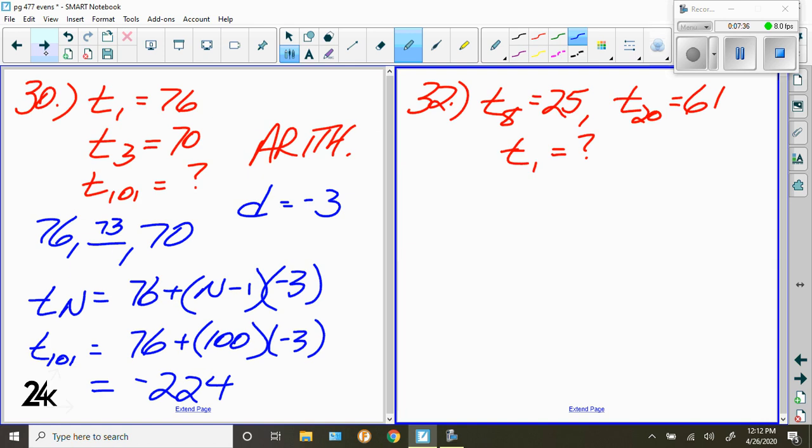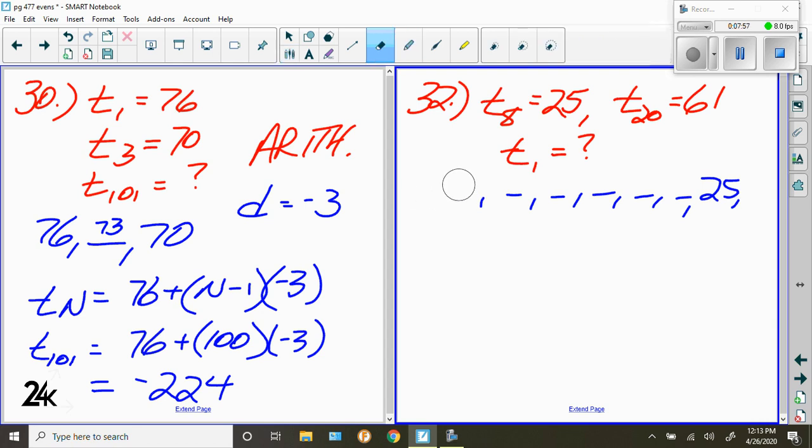Click. Number 32 is also arithmetic, but this time we have ourselves an issue because I can't go like this: 1, 2, 3, 4, 5, 6, 7, 8, right? I guess I could, but for crying out loud, I can't do that.